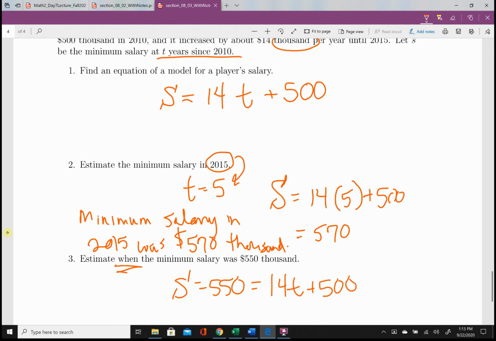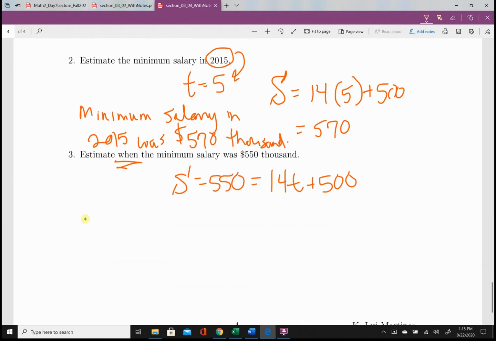In doing so, we subtract 500 from both sides, leaving 50 equals 14t. Divide both sides by 14. Go ahead and reach for your calculator, and t is going to be approximately what? Well, 50 divided by 14 won't divide evenly, so we get t is approximately 3.57.